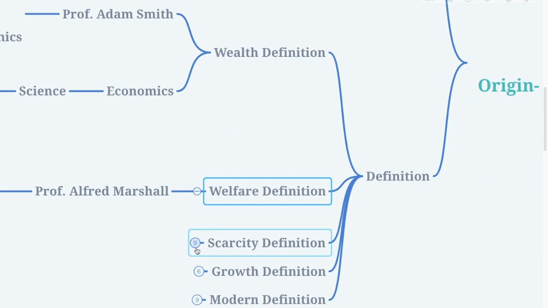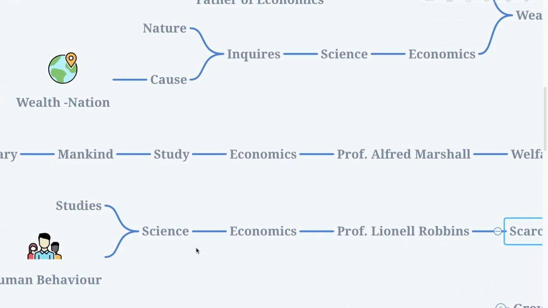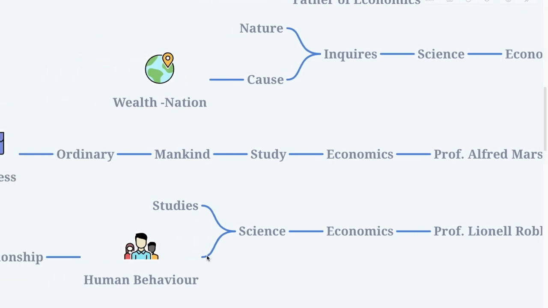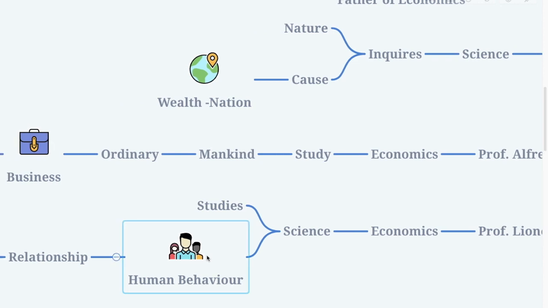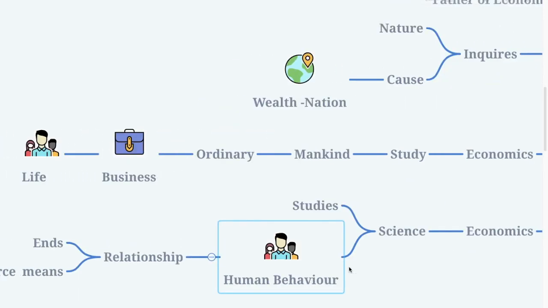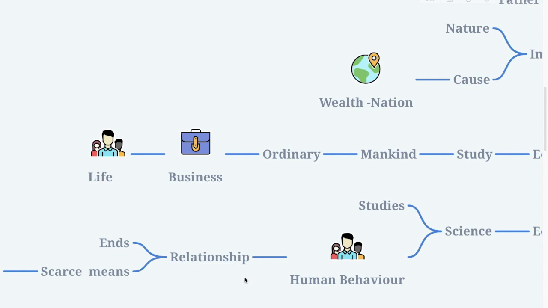Scarcity definition is given by Professor Lionel Robbins. He says economics is a science which studies human behavior as a relationship between ends and scarce means which have alternative uses.